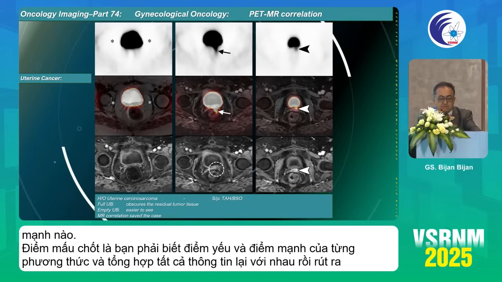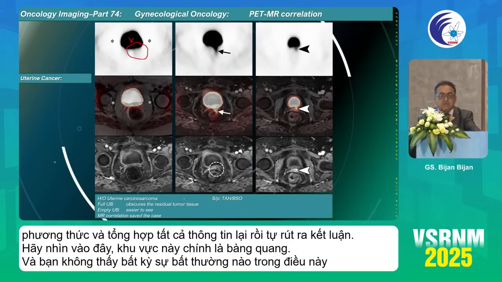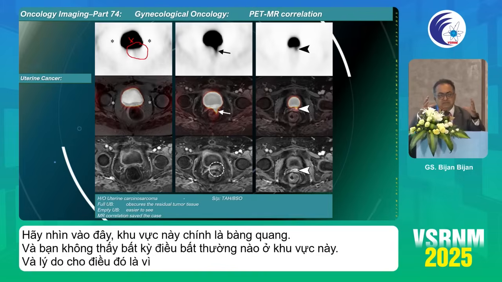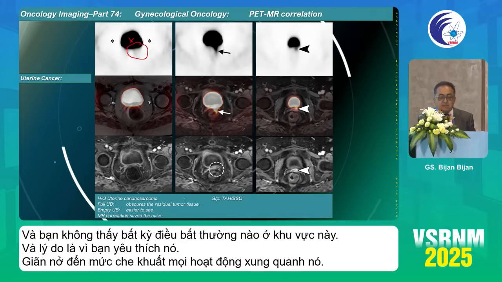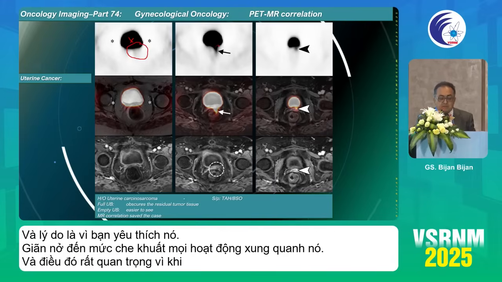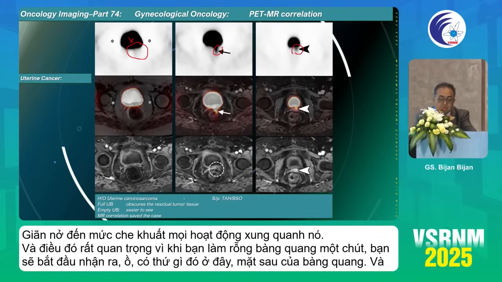Take a look at this area. This is the urinary bladder, and you don't see any abnormality in this area. The reason is that the urinary bladder is so distended that it obscures all the foci of activity around it. That's very important because when you empty the bladder a little bit, you start realizing there was something here in the posterior aspect of the bladder. And then when you look at the MR, now the MR can be explained.